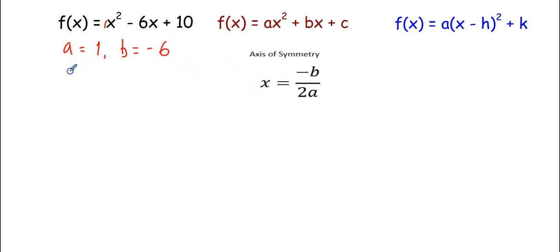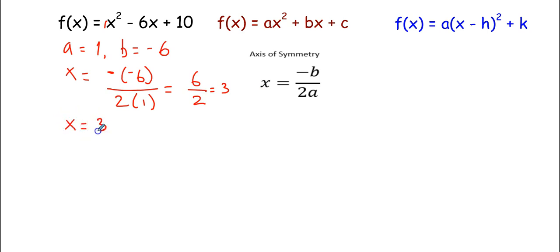Therefore, what is the axis of symmetry? The x value is equal to negative b, and b itself is negative 6, so I have a negative sign times that negative 6 over 2 times 1. So negative of negative 6 gives you positive 6 over 2. So 6 divided by 2 is nothing but 3. Therefore, your axis of symmetry is x equal to 3.